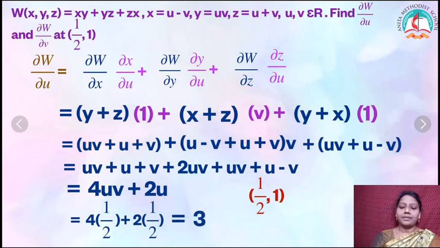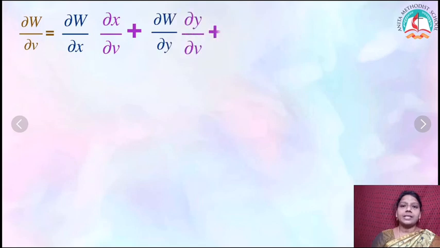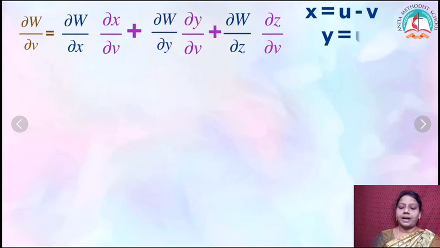So now we have found dou w by dou u. What is the next one? Dou w by dou v. So as before, we have to find the differentiation, that is partially, because here everything is involving two variables. So now I just take for reference x, y, z.